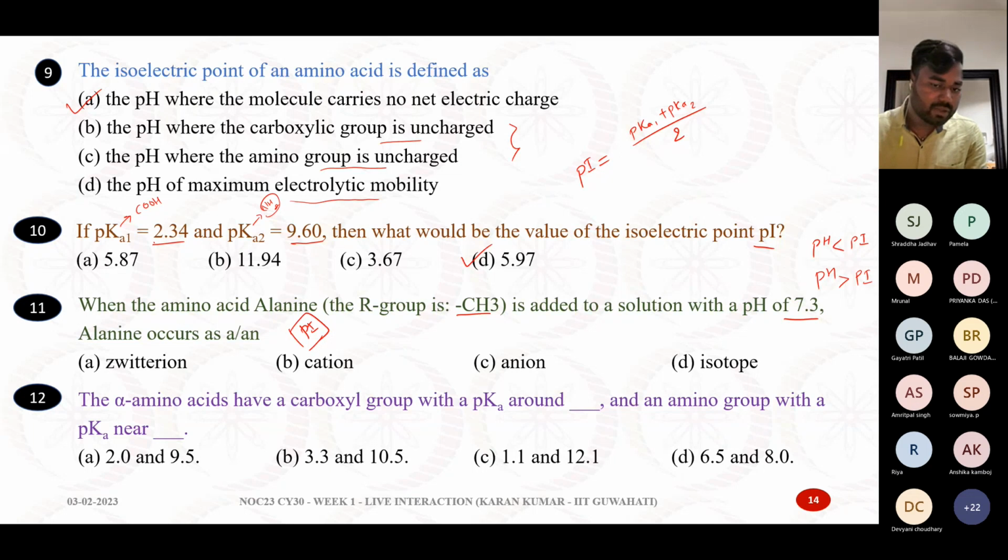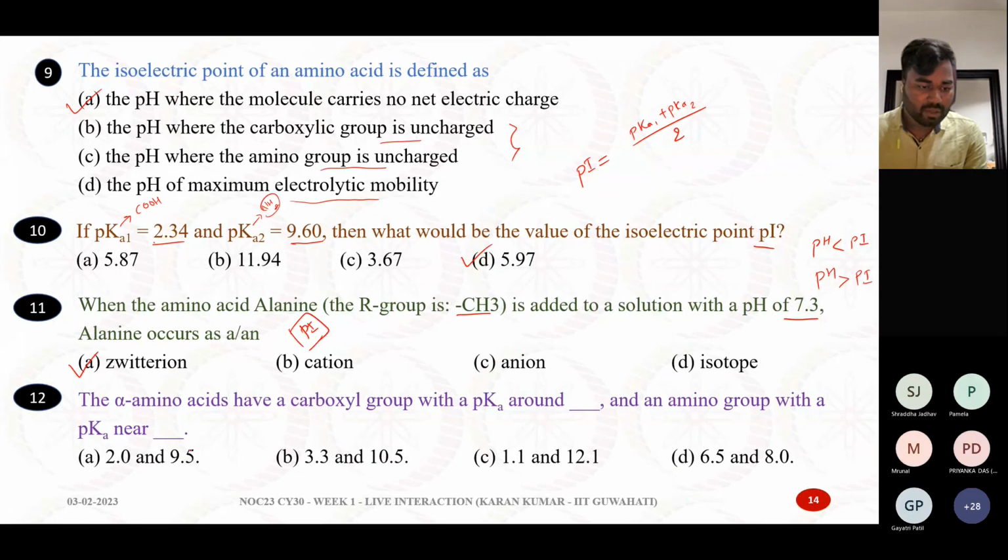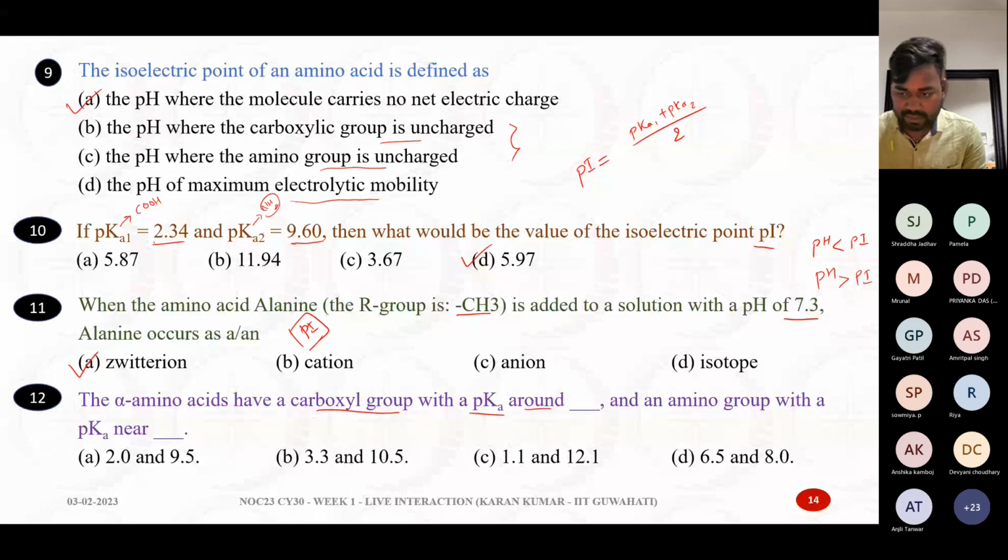So right now, the pI of this alanine amino acid is 7.3. In that case, this will exist as a zwitterion form. Now the alpha amino acid has a carboxylic group with a pKa around this and an amino group with a pKa near to this.